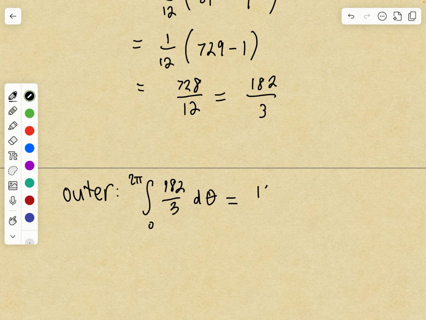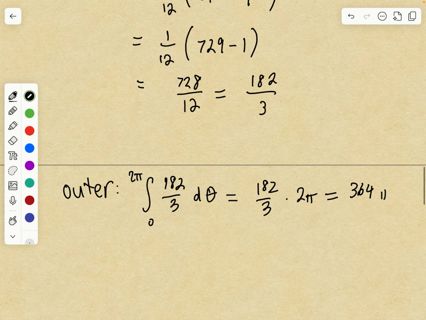So you get 182/3 times 2 pi, which is 364 pi/3. And that's the answer.